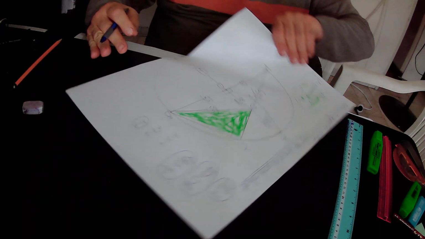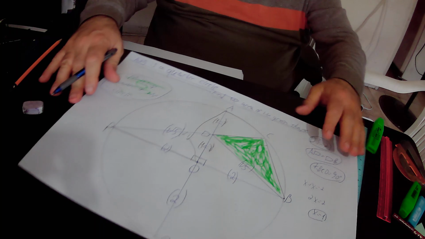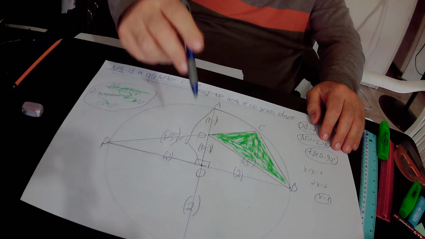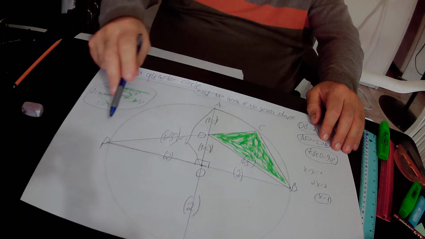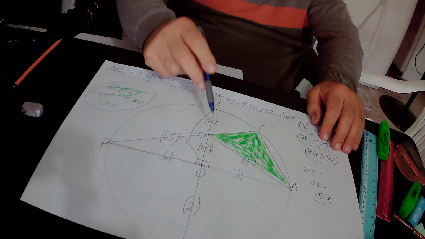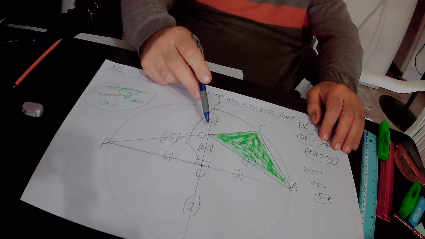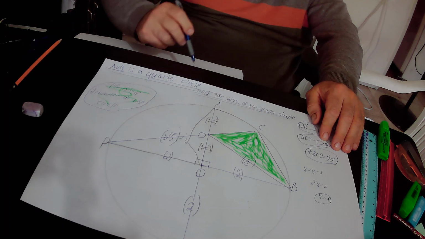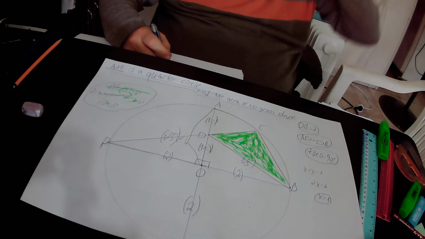Why? Because in our drawing, we have here chord AQ. This is chord AQ that intersects with chord CP. This is chord CP, and they intersect with each other at point D. Point D is the intersection point of chord AQ with chord CP. And therefore, I write it down.